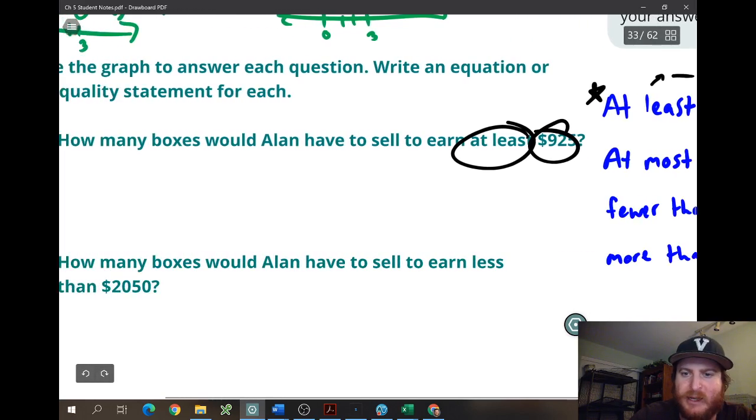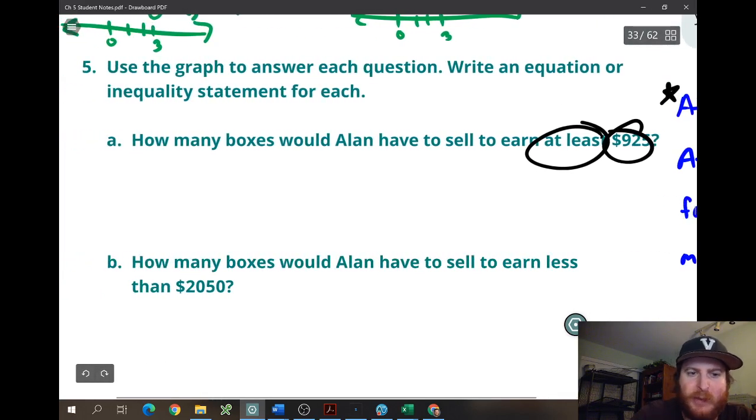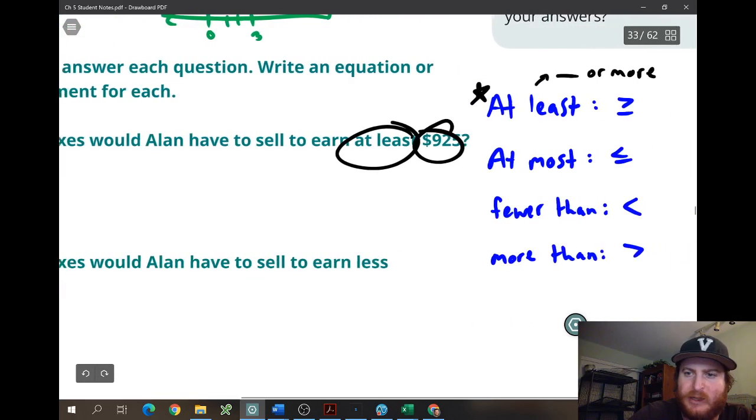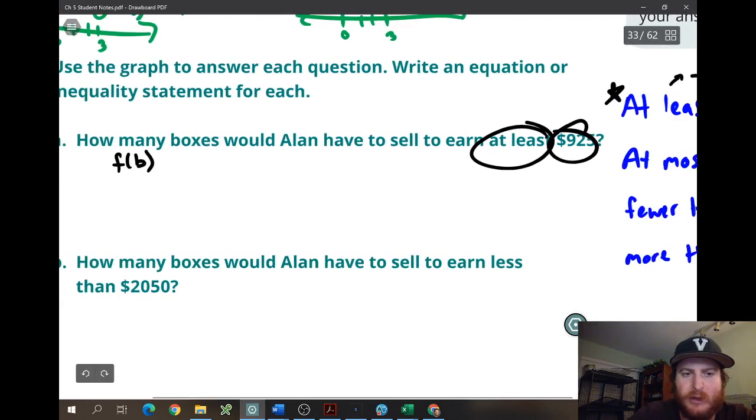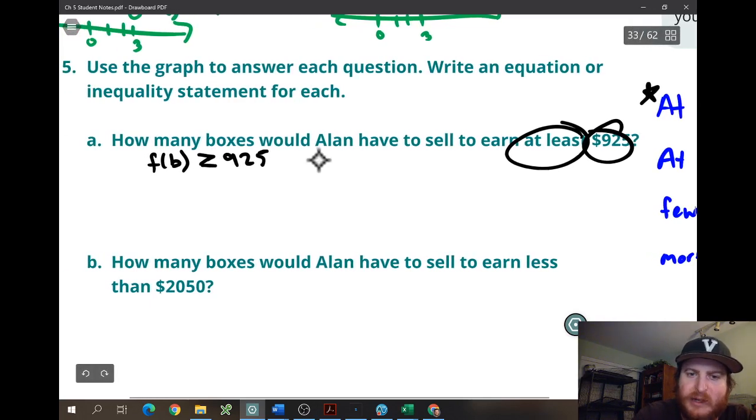So when I say at least 925, that means f of b is, we said at least means greater than or equal to, so we're going to use greater than or equal to here. So f of b is greater than or equal to 925. I think that's going to happen when b is greater than or equal to 240.